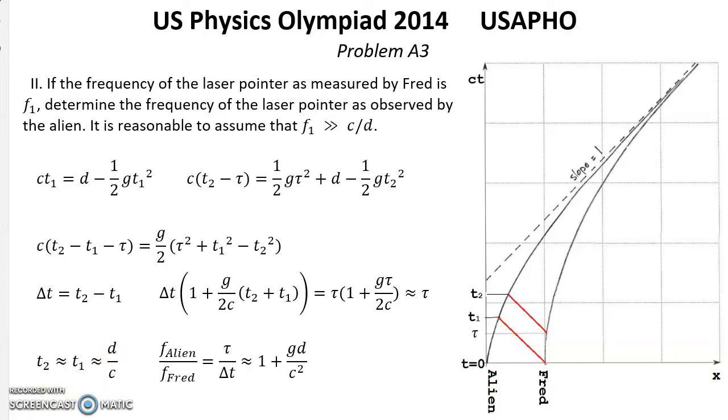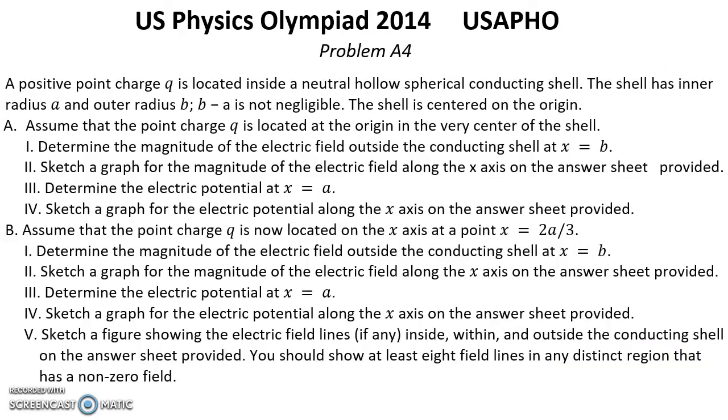And finally we have f-alien over f-Fred equal to tau over delta t, or approximately 1 plus g d over c squared. That's the answer for question 2 in part B.